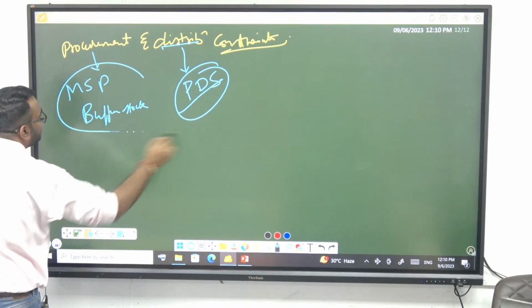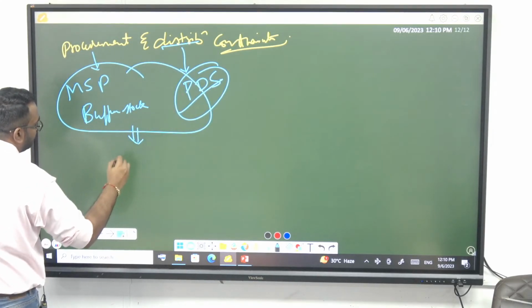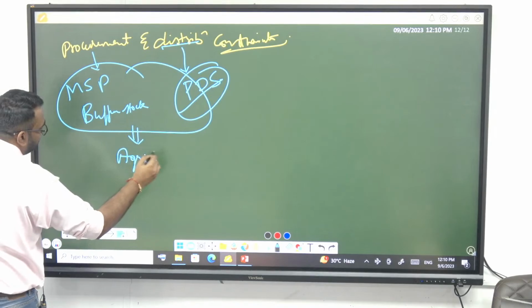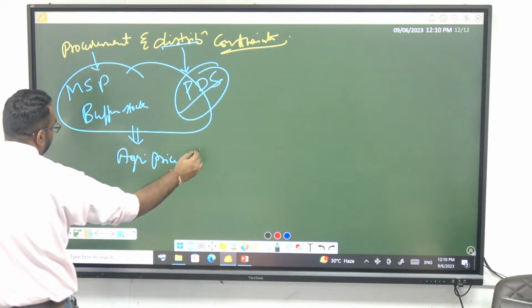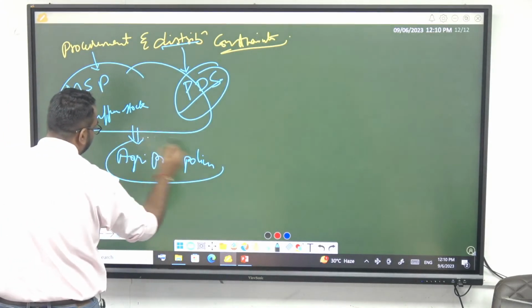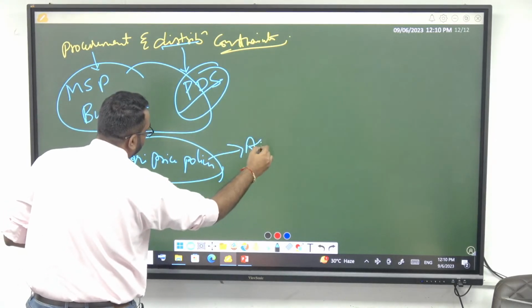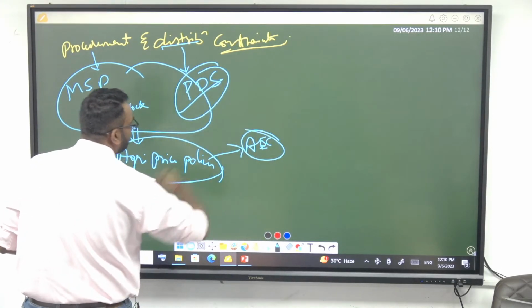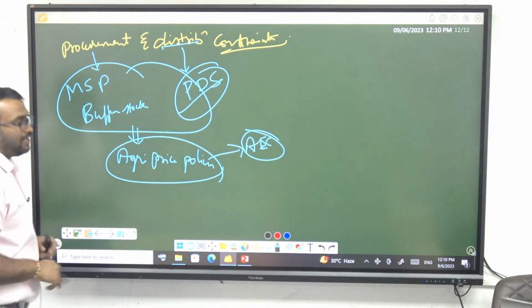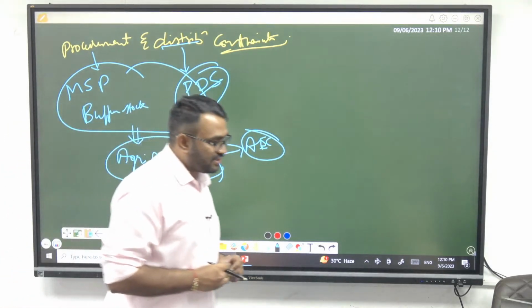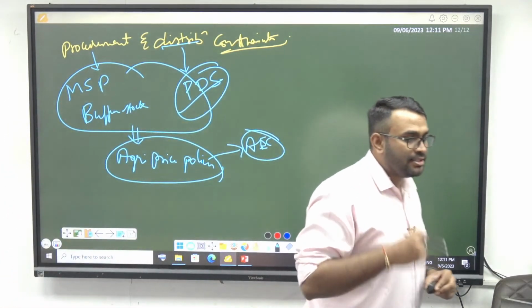So combining these three together, we call it agriculture price policy. And again, this is one of the important topics, agriculture price policy, from the agriculture economics point of view. Clear?